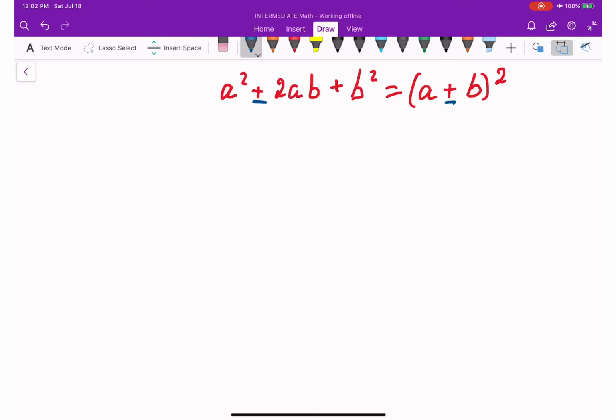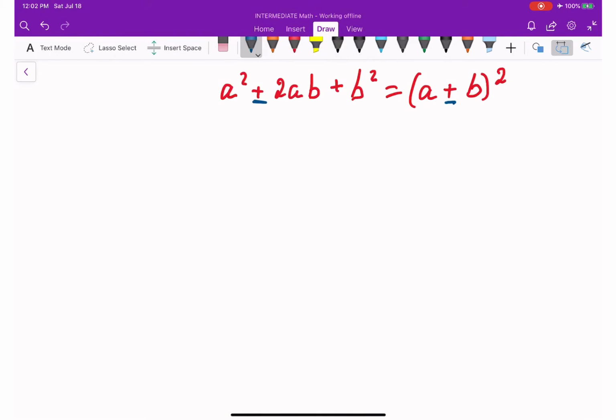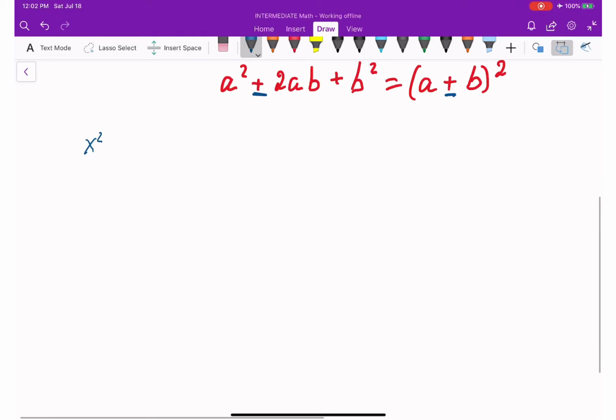So, let me start with an example. x squared plus 2x plus 1.